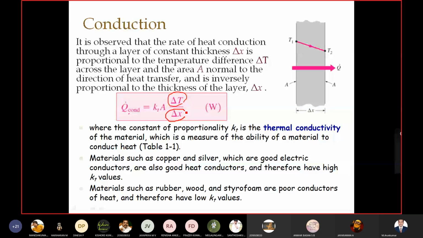Then A is the area normal to the flow direction. KT is the constant of proportionality, the thermal conductivity of a material. Each and every material has its own thermal conductivity, and this is given in your table.